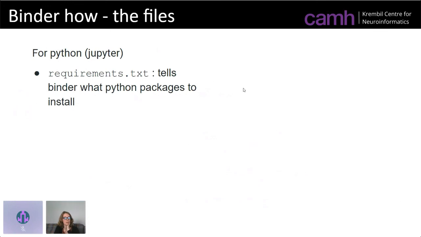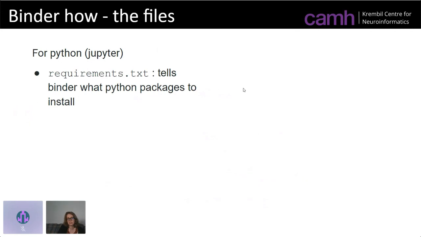So there's two things: the configuration files that you need to make this work. In Python, it's very simple. All you really need is a requirements.txt file. If you've worked with Python packages before, you might have seen this file. It's very popular in a lot of other Python repos.